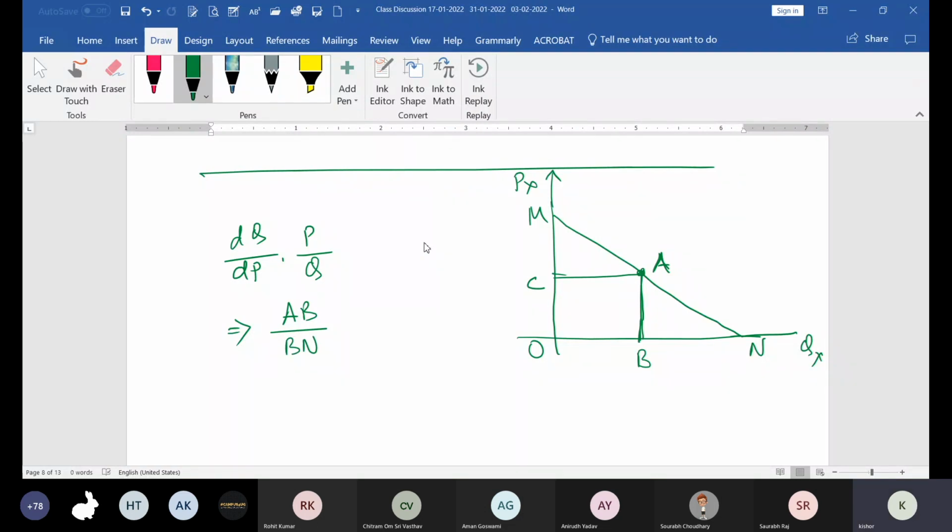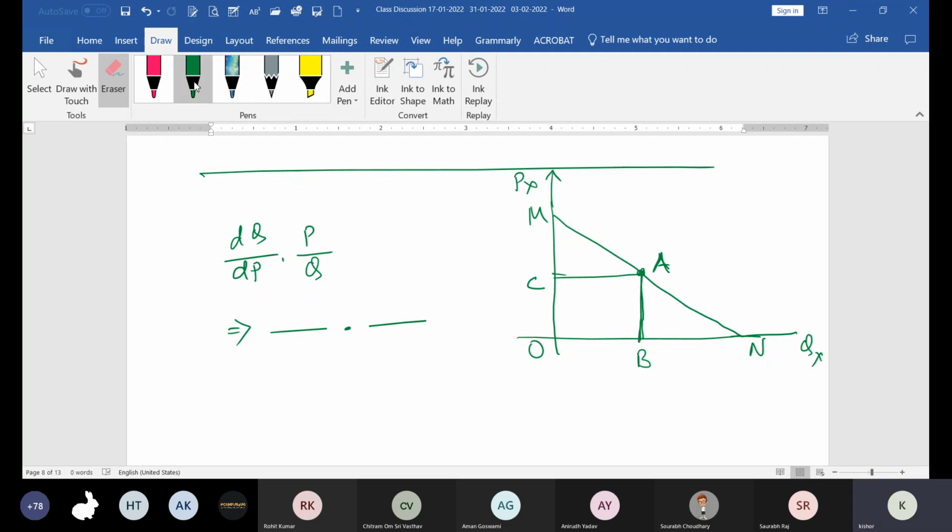At point A, for this diagram, that will give you dq by dp into p by q. At point A, what is the value of P? P is the y-axis, price. P represents price. At point A, price is AB. I made probably a mistake here, I made a reverse.